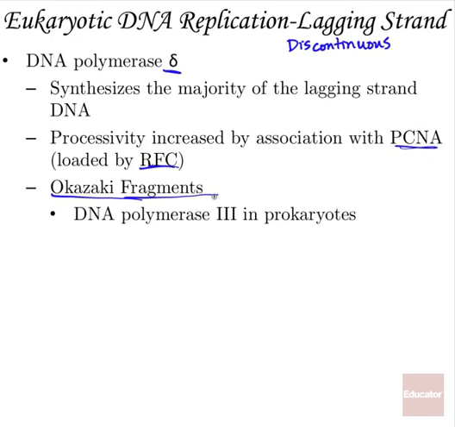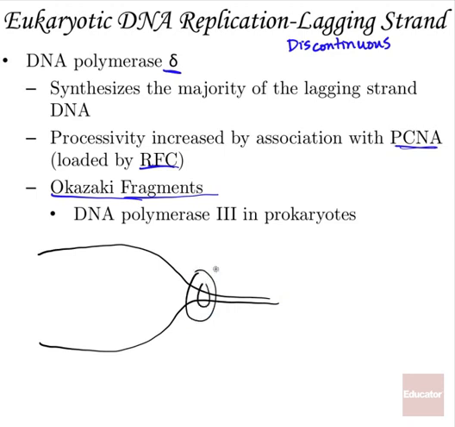If I can draw this out for you, let's go back to our nice little replication bubble. Show you the lagging strand. So here's our helicase. Moving in this direction, we have our polarity. This is our parental, remember. I'll show you our leading strand.